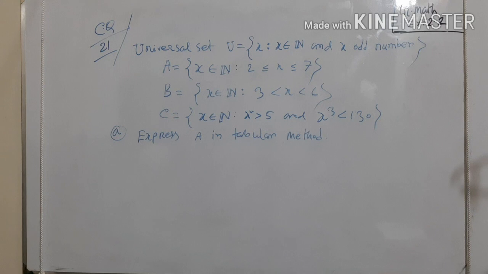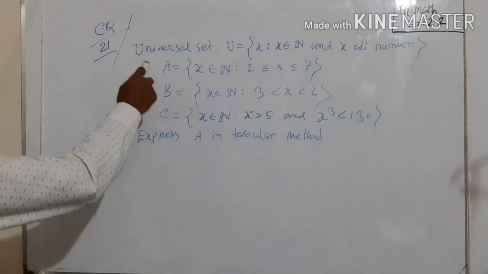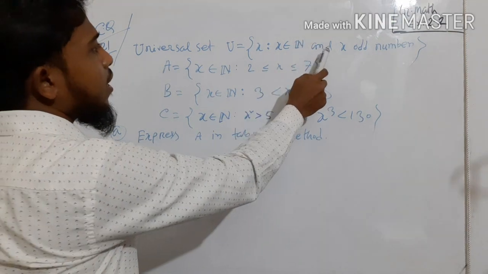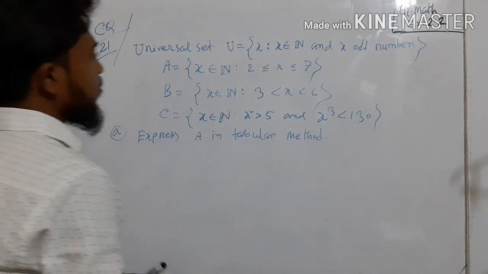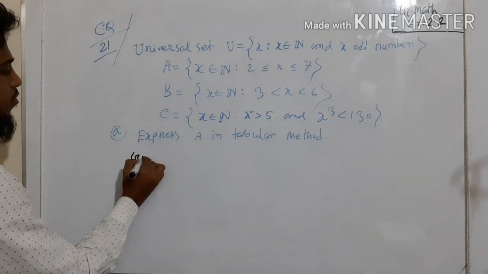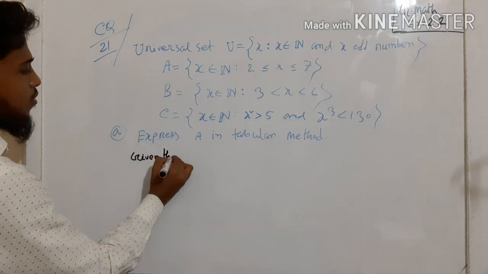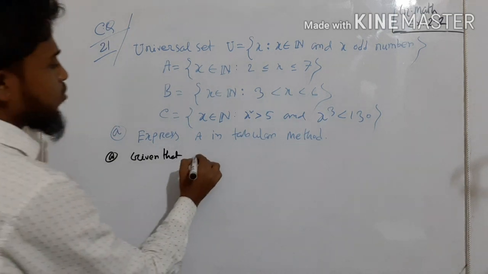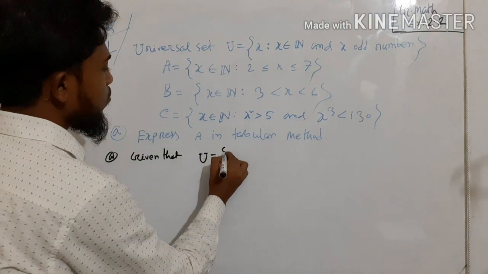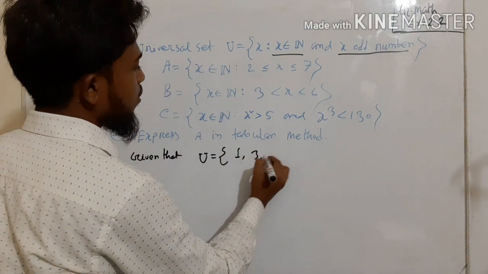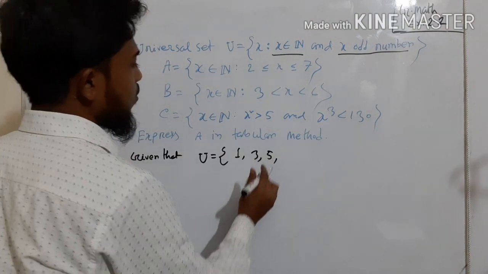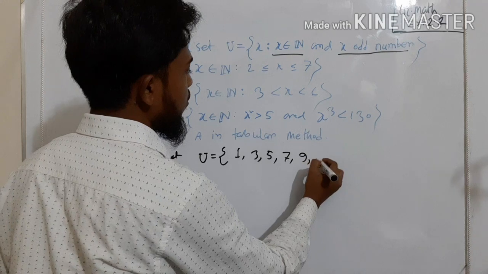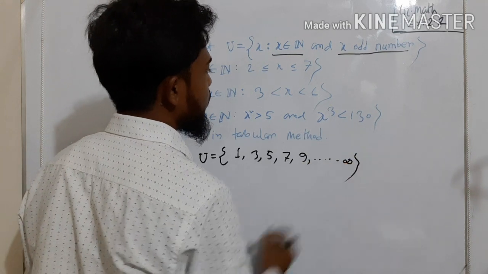Now look, here our given universal set U equal to x is a natural number and x is an odd number. So given that U equal to 1, 3, 5, 7, 9, dot dot infinity.